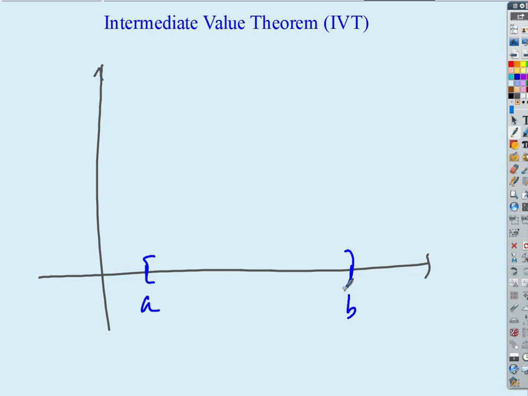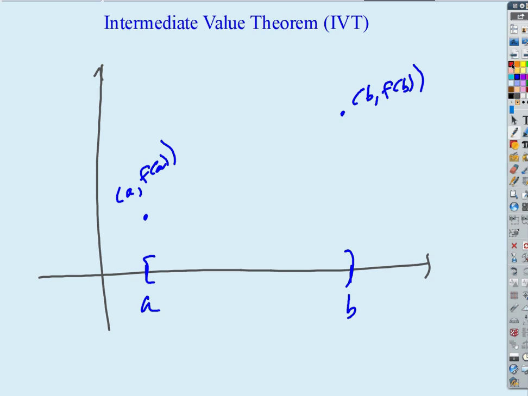When I evaluate the function at A, I get the ordered pair A, f of A. And when I evaluate the function at B, I get some other value, the point B, f of B.